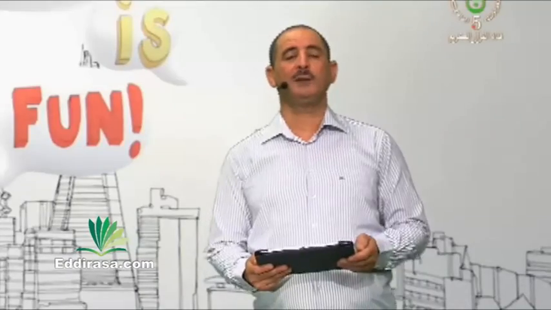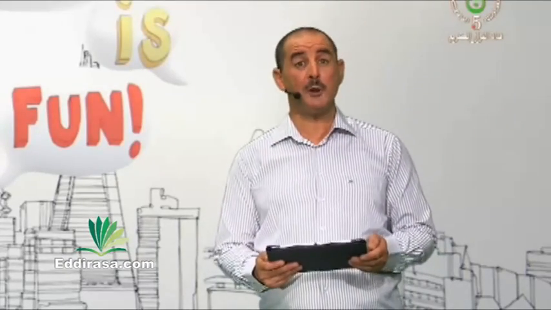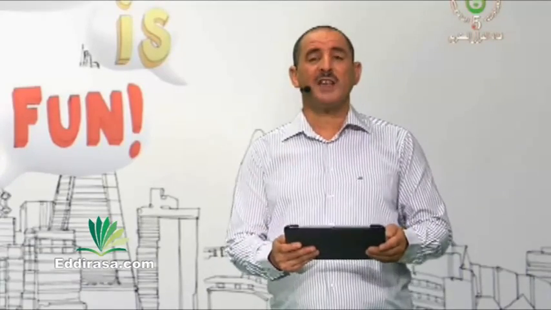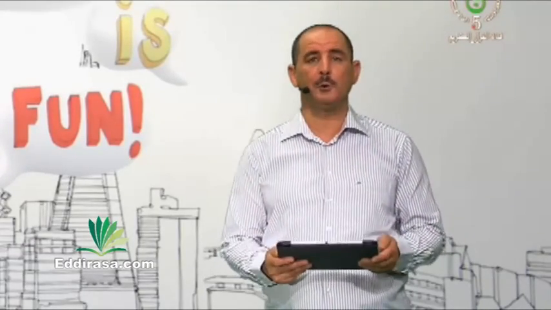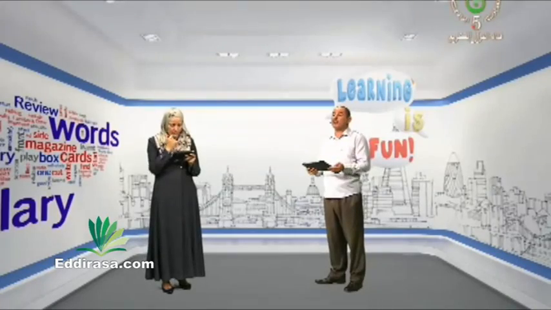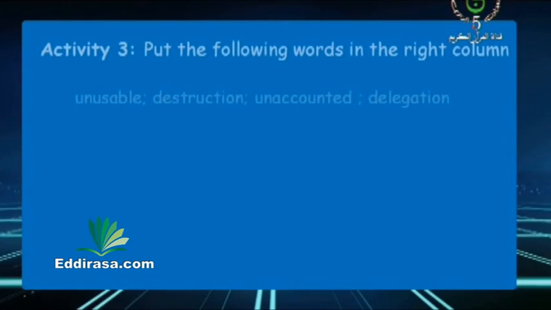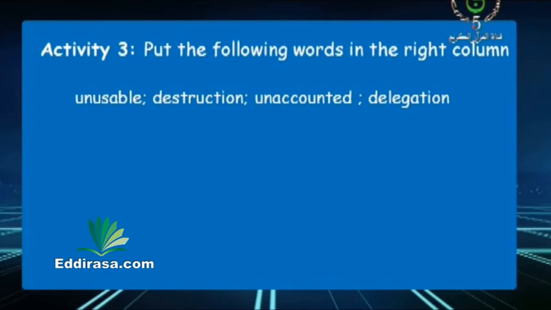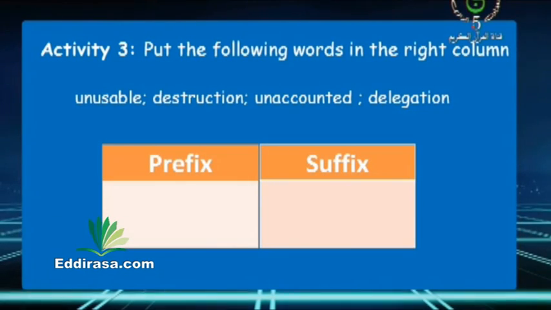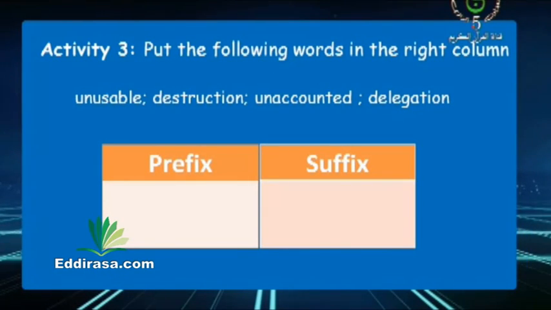Okay, now it is time to move to something new, which is word formation. So, in this activity, all you have to do is to put the words in the right column, depending on the ones that start with a prefix or end with a suffix. So, the words are unusable, destruction, unaccounted, and finally, delegation.